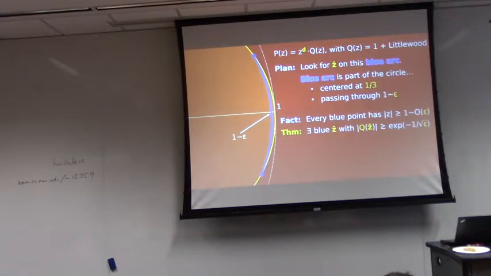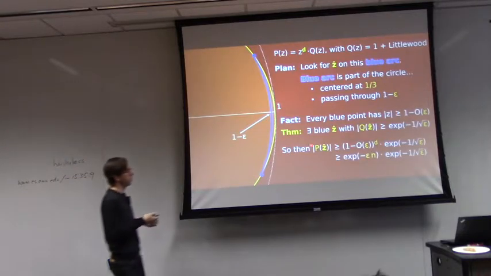And I claim that once we have this thing, then we're done. Because then for this particular z hat, the magnitude of p of z hat is at least 1 minus order epsilon to the d. That's accounting for this part here. Times q at z hat, which is at least exponential in minus 1 over root epsilon. And then you choose epsilon to balance the parameters.